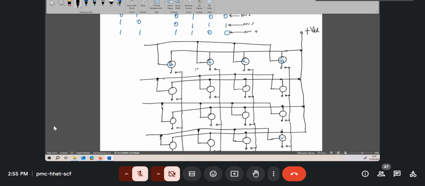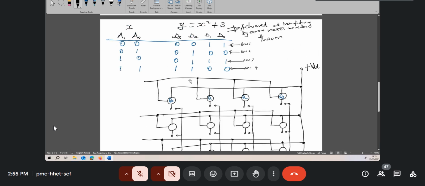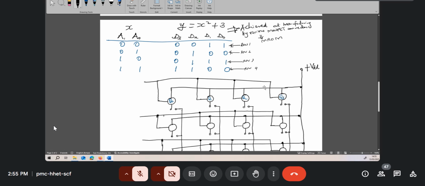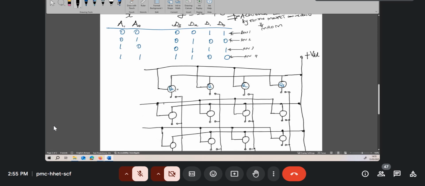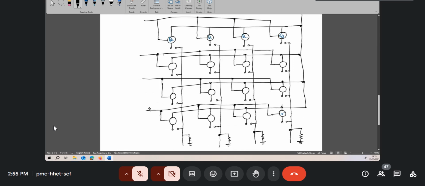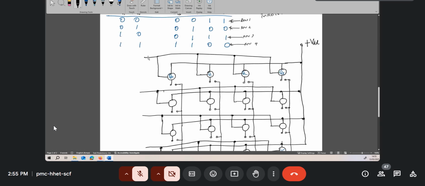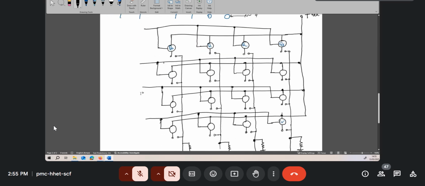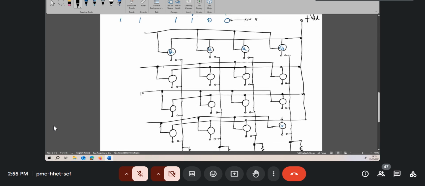Remember, all the gates for each memory location are connected together. So for memory location 1, we have this line connecting the gates and so forth. So where would these lines be connected to? In other words, what would we use to select the various memory locations?